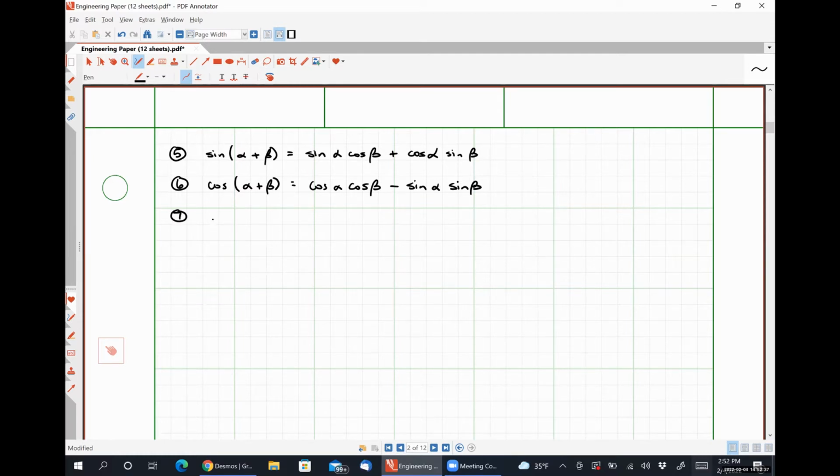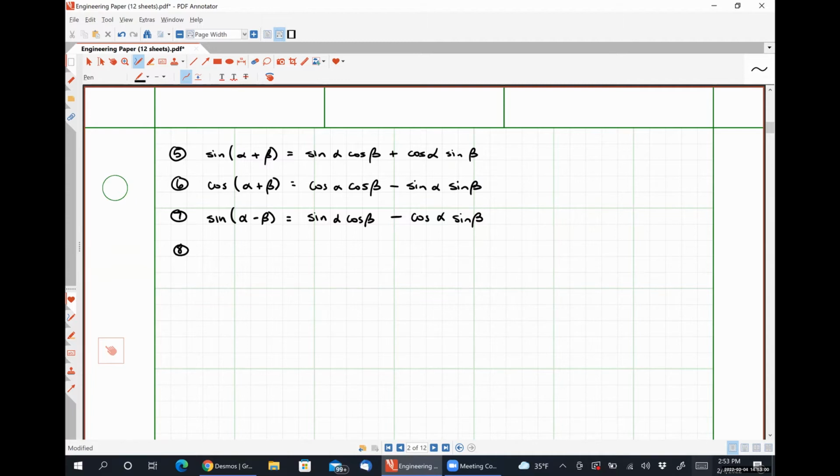Then we will have sine of alpha minus beta, which gives us sine alpha cosine beta minus cosine alpha sine beta.